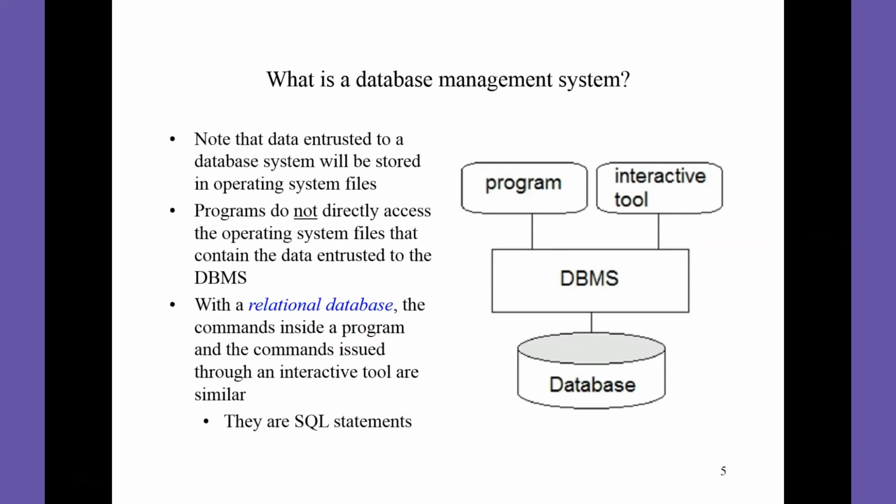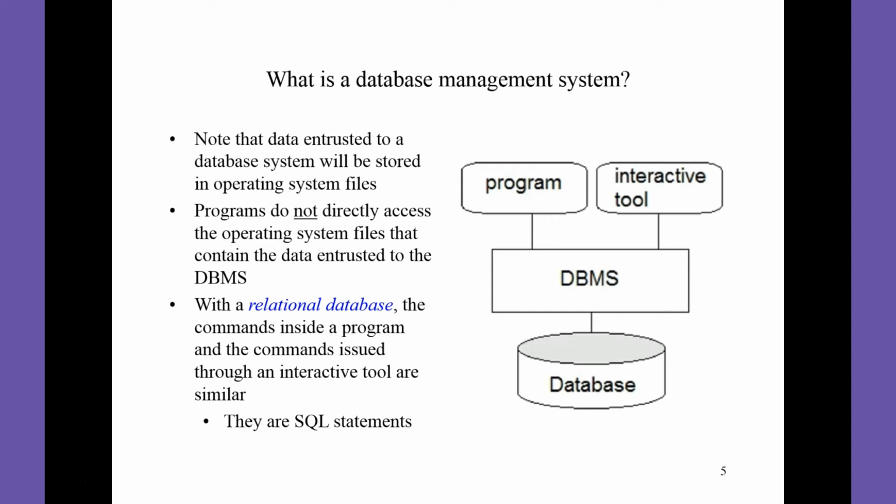Note that the data entrusted to a database system will be stored in operating system files. The DBMS effectively serves as a barrier or a shield to the front end, preventing direct access to the files, or perhaps looking at it another way, preventing the need for direct access to the files. All requests are funneled through the database management system.